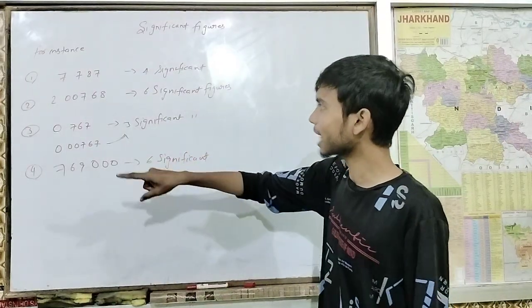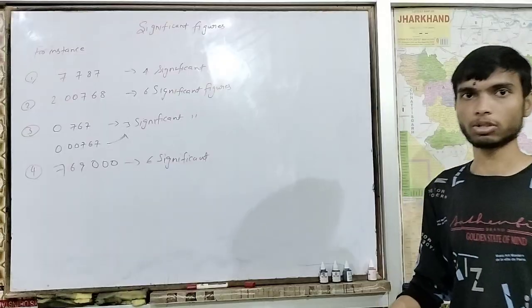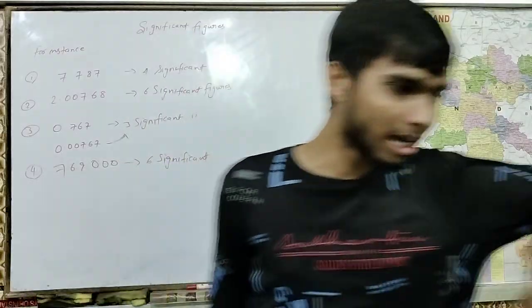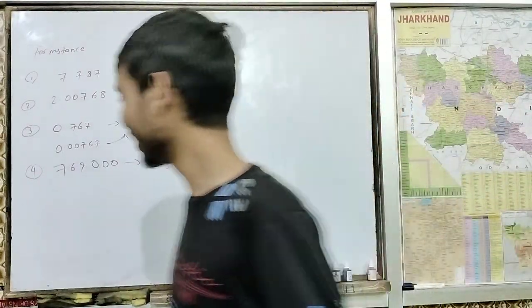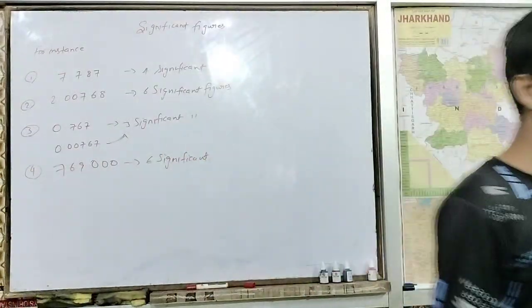Now next, the third rule is that if zeros are coming at the starting position, this starting zeros will be ignored. Clear? This was the third rule. Now next, the fourth rule is that if zeros are coming at the end, then these zeros will be valid, not ignored. So all these zeros which are coming at the end will be counted as significant numbers.